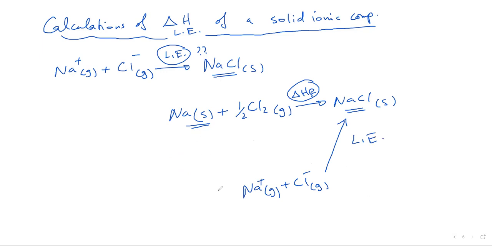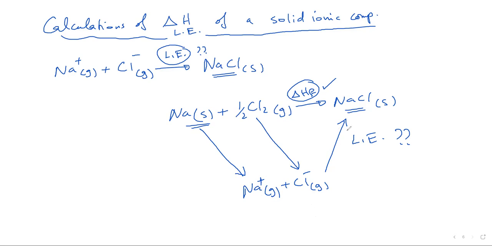Now we want to close this cycle so that we have a cycle by which we can determine the lattice energy by knowing, of course, the enthalpy change of formation. So what are we going to do? We have to change the sodium solid to sodium gas in the form of positive ion, and we have to change the chlorine gas to chloride ion in the gas state. And in this way, the cycle will be closed.